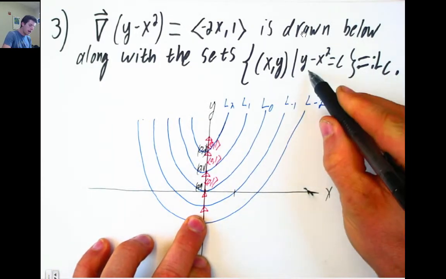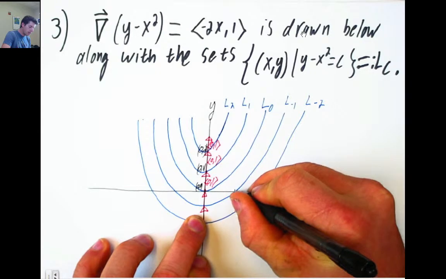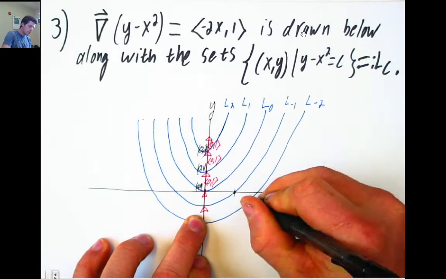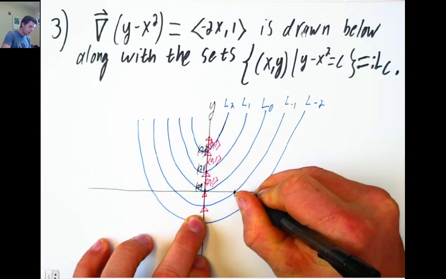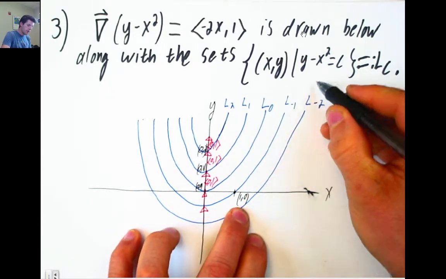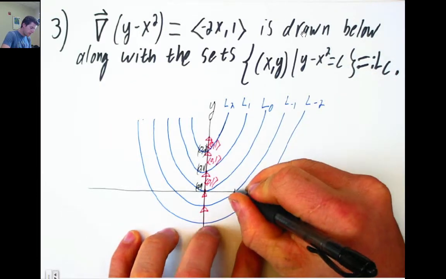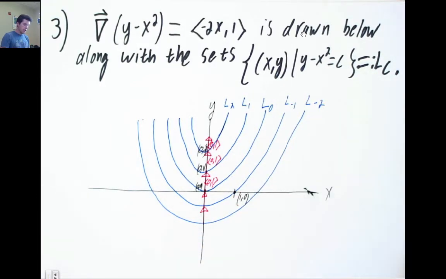Yes, right. So y minus x squared is equal to negative 1 indeed has the point 1, 0 as a solution, doesn't it? Right, for L negative 1, let's see, we have 0 minus 1 squared is negative 1. So yeah, that point right there is indeed on L negative 1.